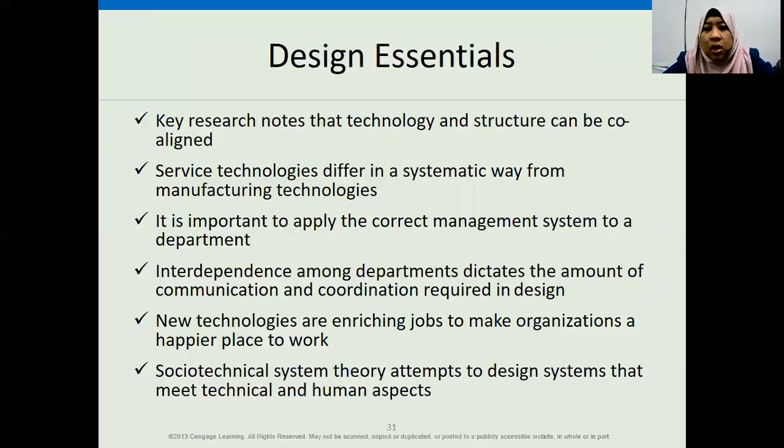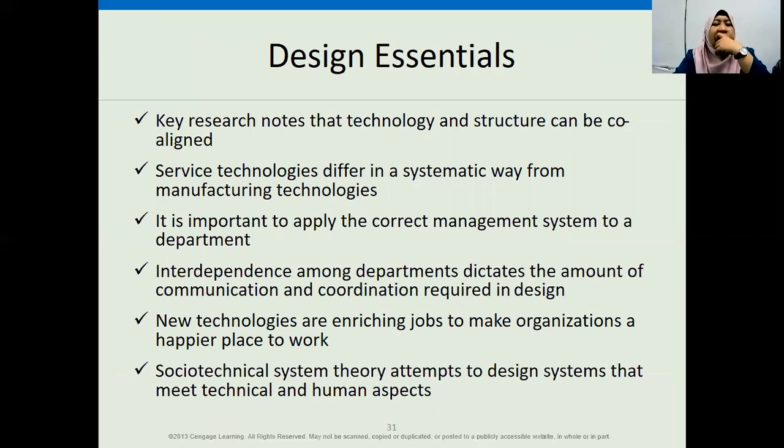Design is essential in this topic to highlight and conclude key research notes that technology and structure can be co-aligned. Service technology differs in a systematic way from manufacturing technology, because manufacturing technology is more on products, whereas service is a service, and it is important to apply the correct management system to our department.